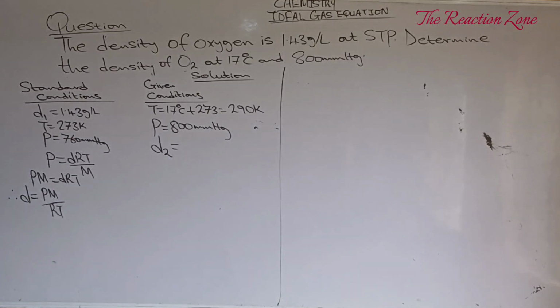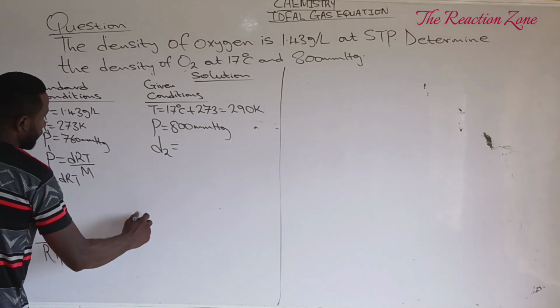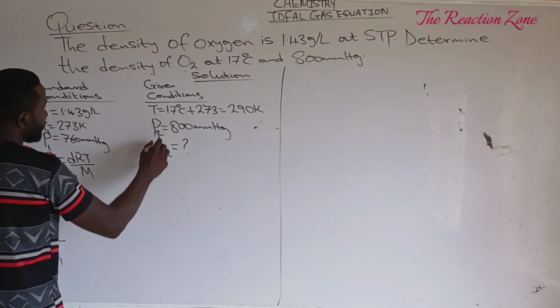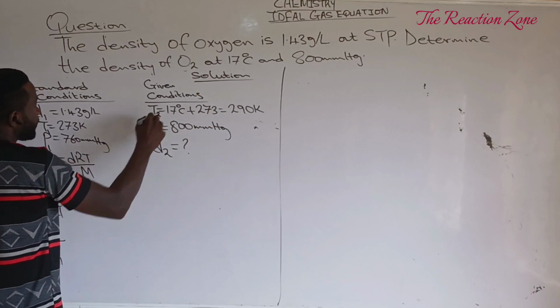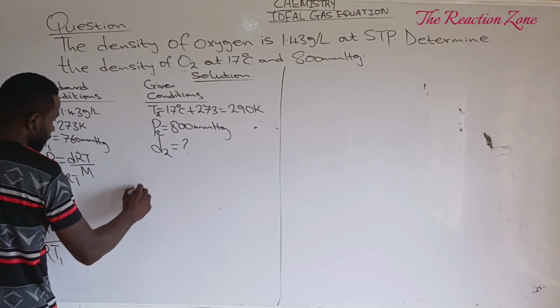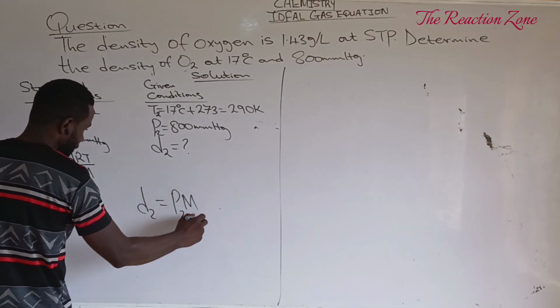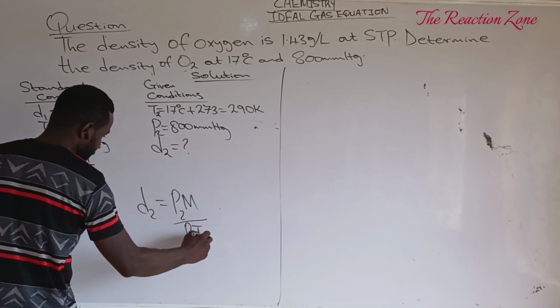So this means that under standard conditions, where you have D1, T1, and P1, our D1 will be equal to P1M over RT1. And then, under the given conditions, where we have D2, which is what we're looking for, P2 to be 800 millimeter mercury, and T2 to be 290 Kelvin, our D2 will become P2M over RT2.